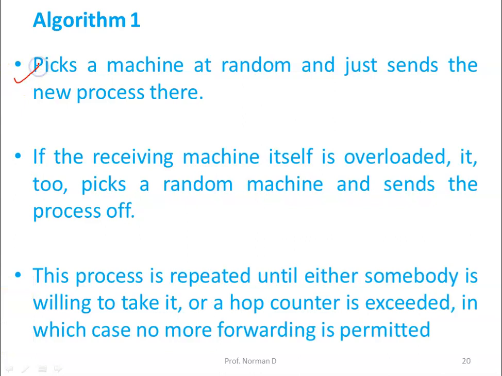So now if the receiving machine itself is overloaded, then this receiving machine also picks up a random machine and sends the processes off to some other machine. So this process is repeated until either somebody is willing to take that particular job or a hop counter is exceeded, in which case no more forwarding was permitted.